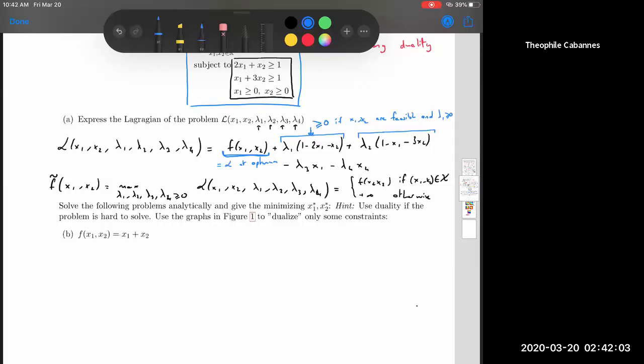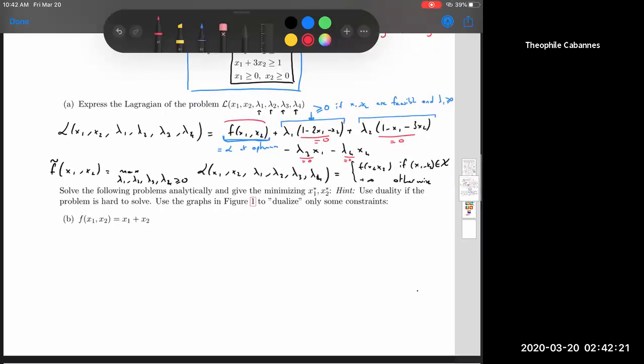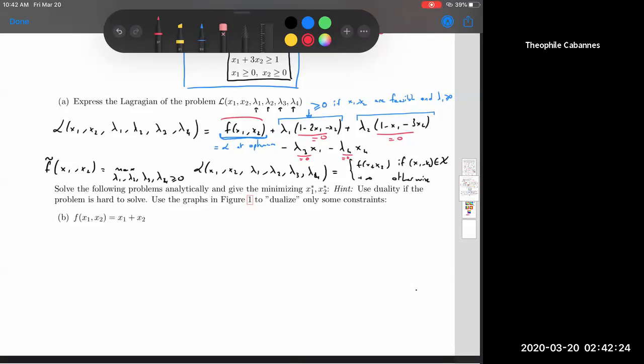So this means that at the optimal point, if you want your Lagrangian to be equal to your function, you need to have all of those to be equal to 0, which is complementary slackness. So complementary slackness gives you that either the constraint is active, or the dual variable associated to the constraint is equal to 0.